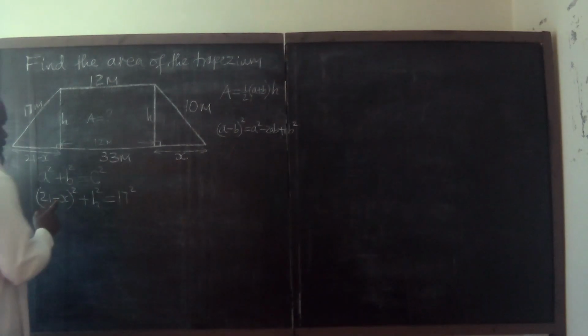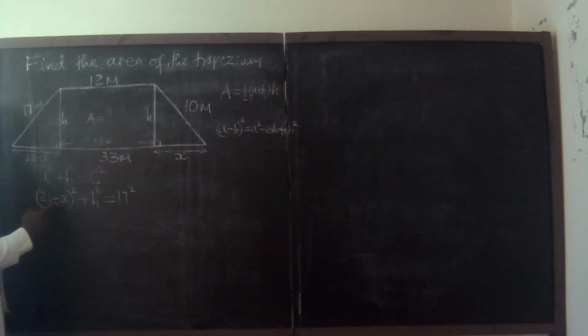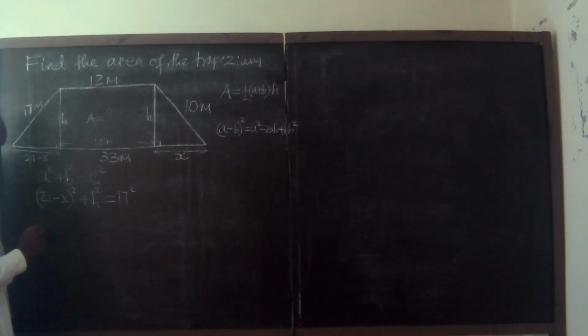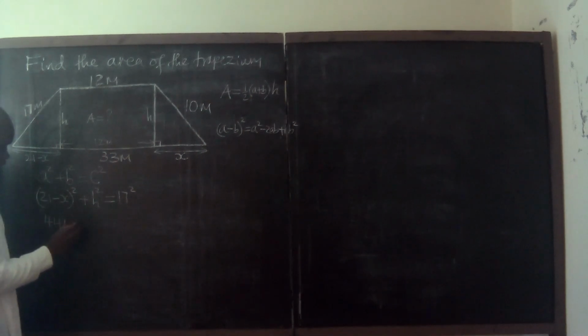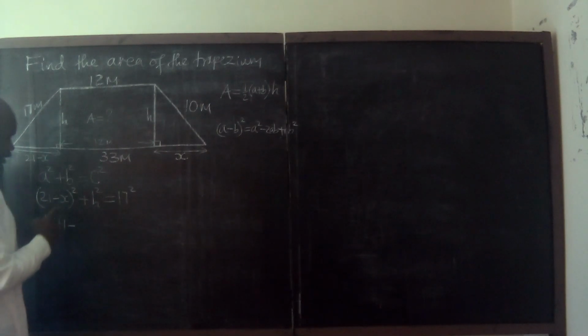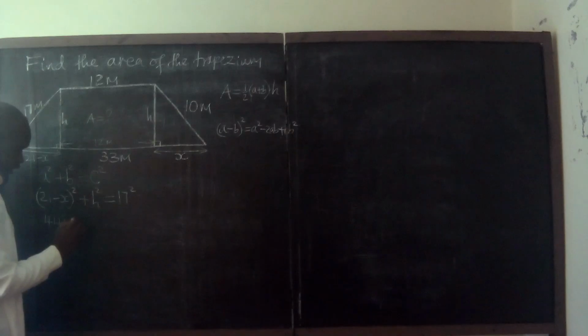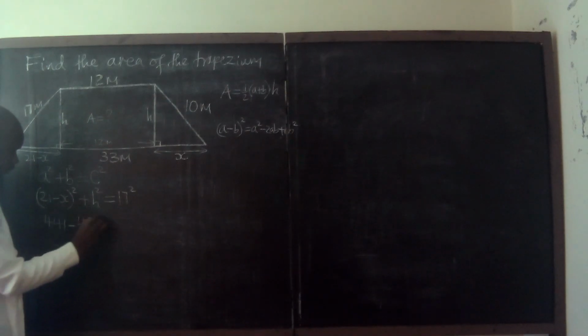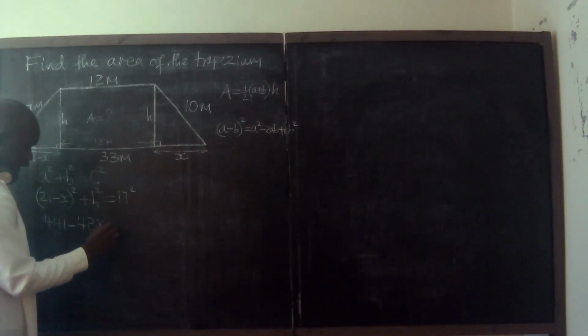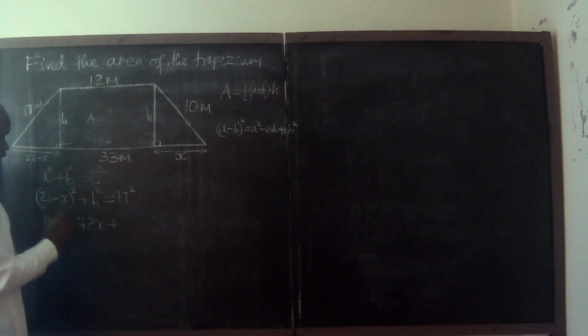Let us expand 21 minus x in brackets squared. 21 squared is 441, then minus 2 times 21 times x, that is minus 42x, and then plus x squared.